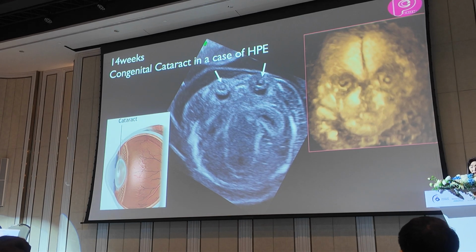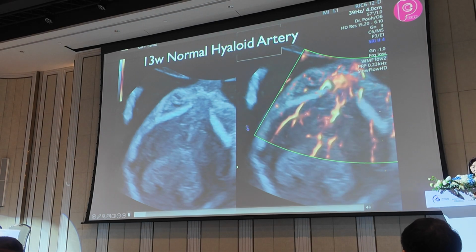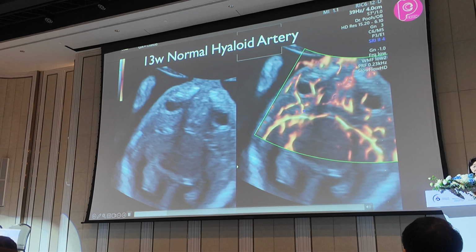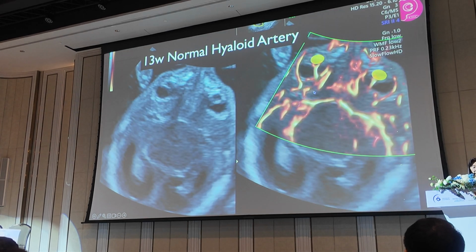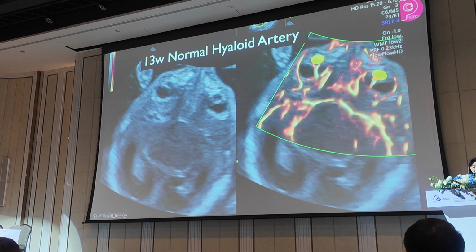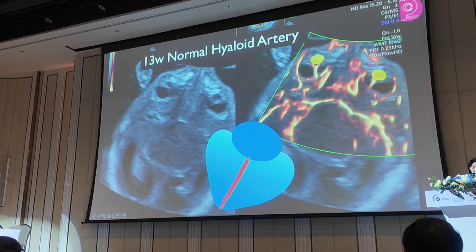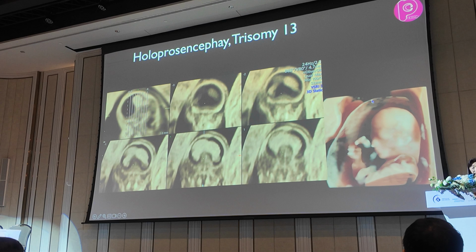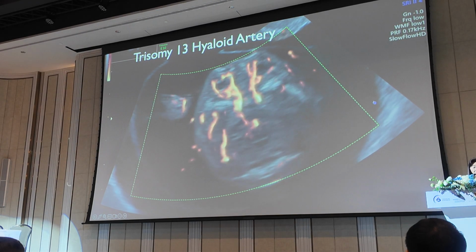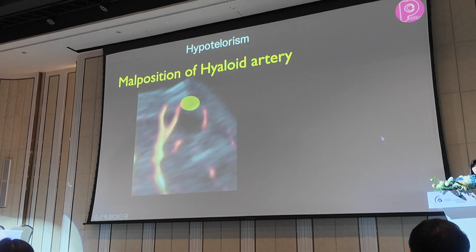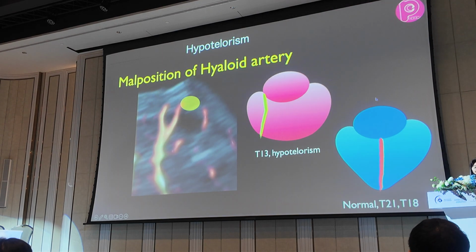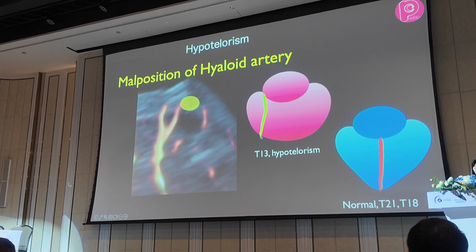Now, here you can see the normal hyaloid artery is like this. Here you can see those are lenses, and here you can see this is a normal hyaloid artery. However, in holoprosencephaly with trisomy 13, here you can see this is a malposition of the hyaloid artery.